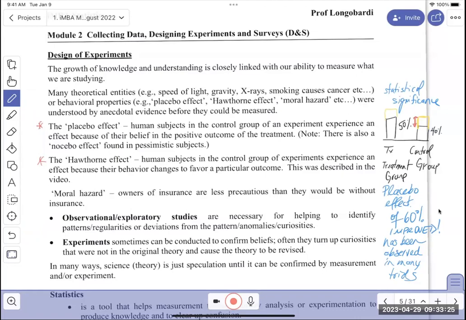All right, so I find it interesting that during the COVID vaccine rollout, there wasn't a consideration for the placebo effect, ironically. I mean, they built the placebo effect into the trials.